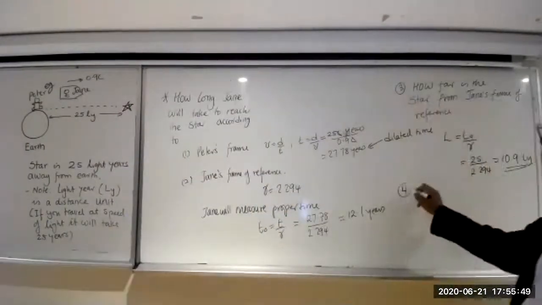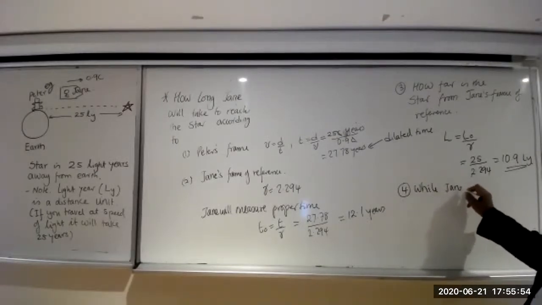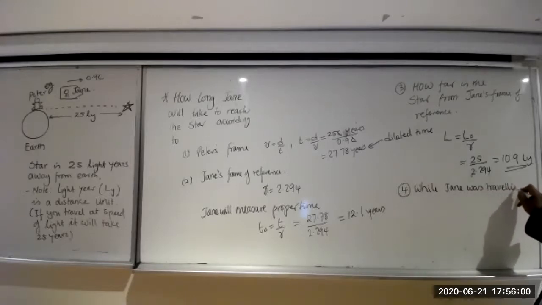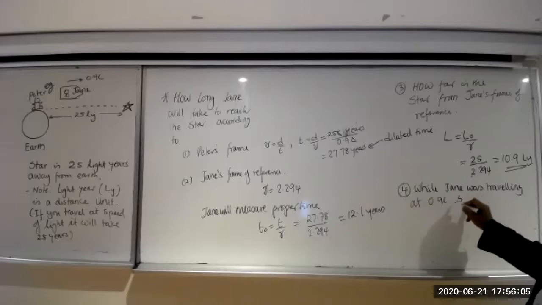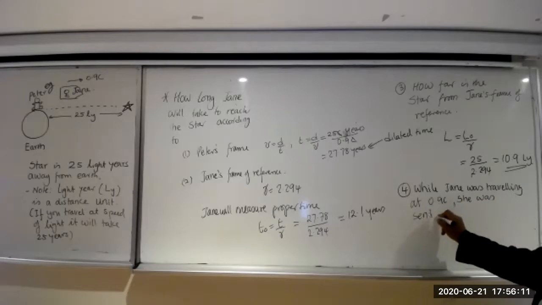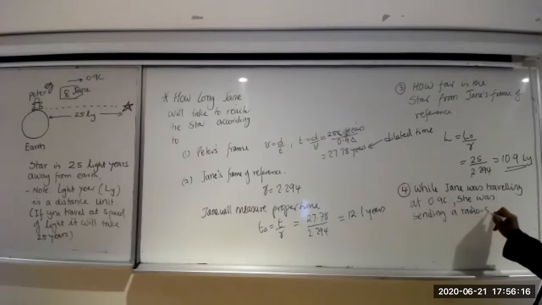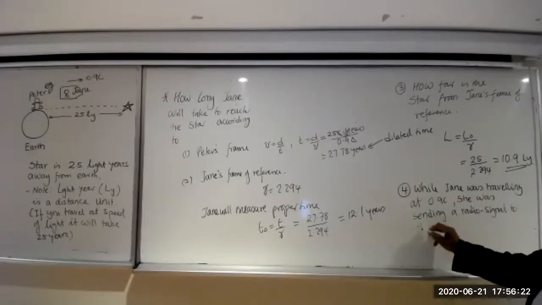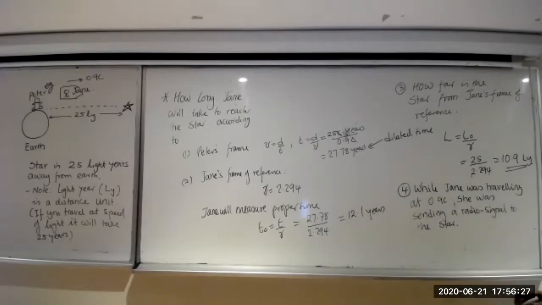Now, question 4. While Jane was traveling at 0.9 C, she was sending a radio signal to the star. There's a detector.